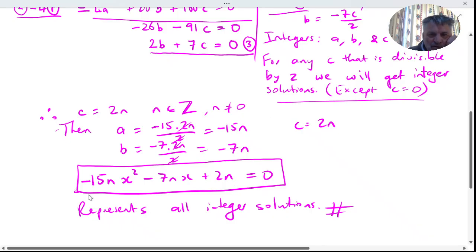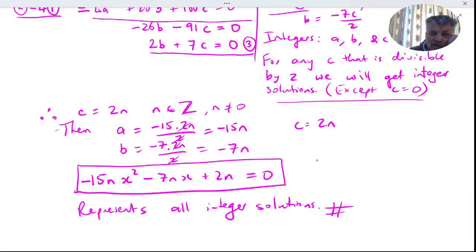And it just shows that there are an infinite number of solutions. Every single integer n will give a different solution here. As I say, we don't want n to be 0.